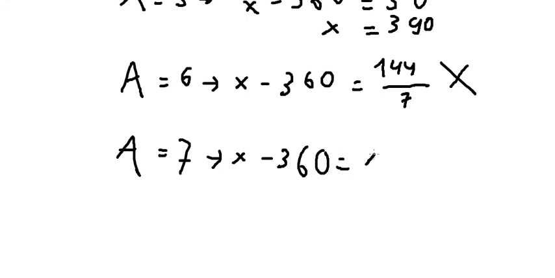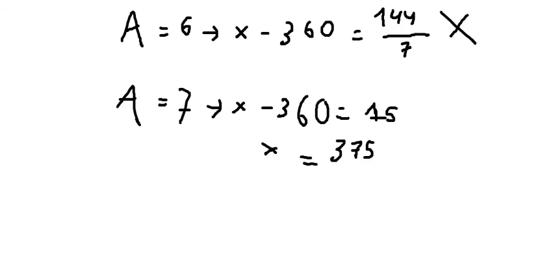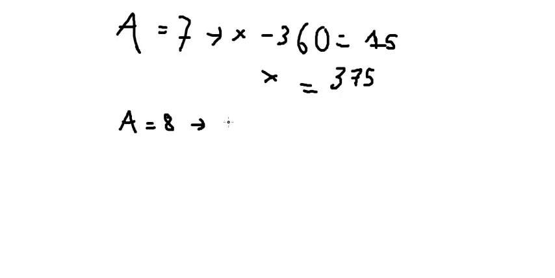You get 15. And you get 375. If a equals 8, you get 63. And we divide 720 by 63. You get 80 over 7. So this is a fraction.